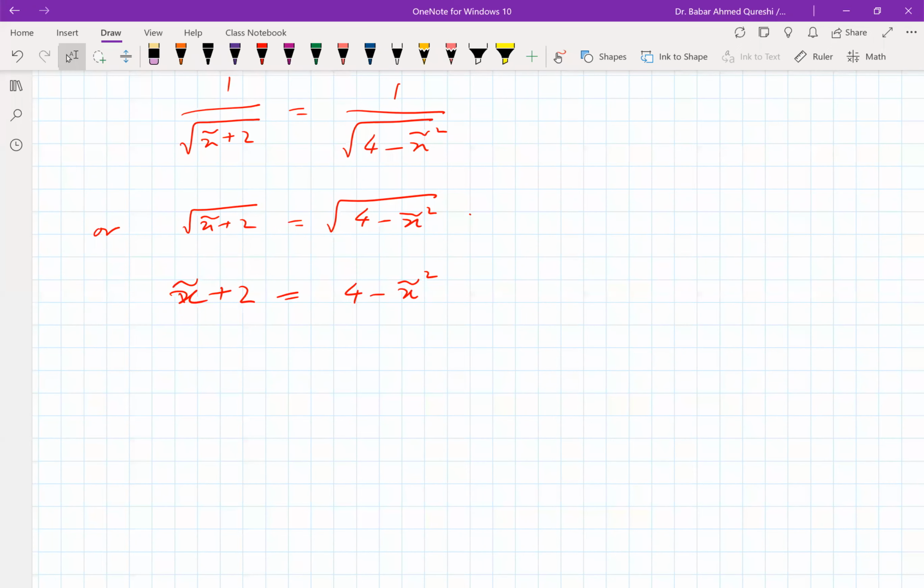And this gives me x tilde square plus x minus 2 is 0. So solution, is this correct? Just check it.